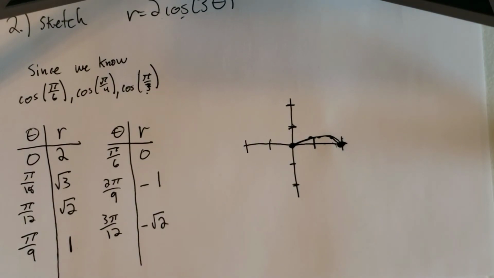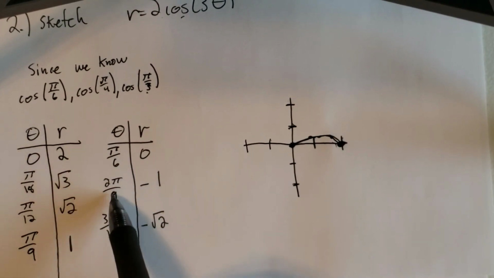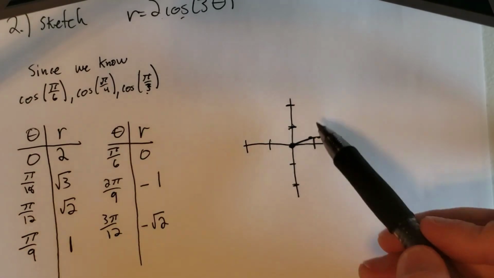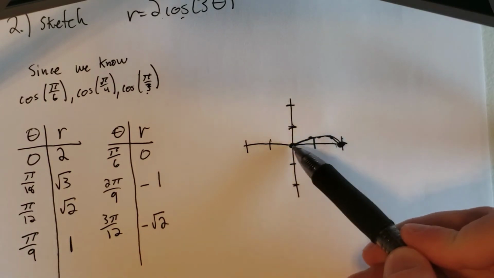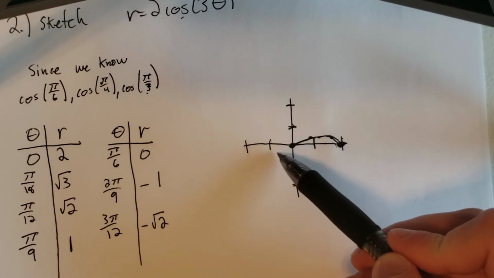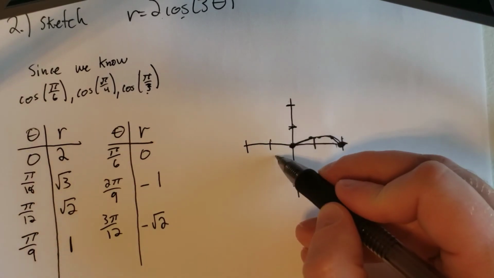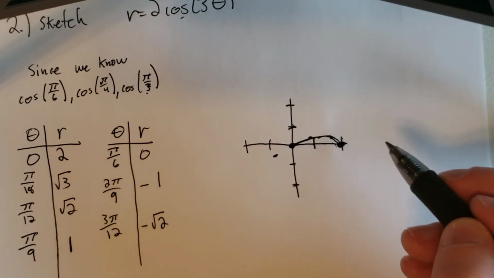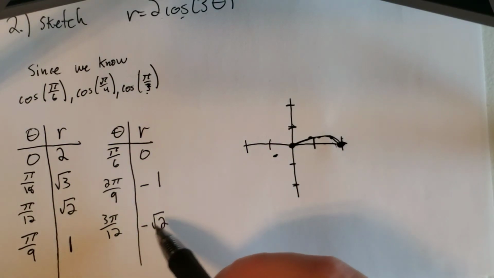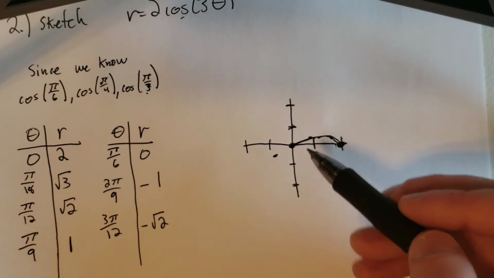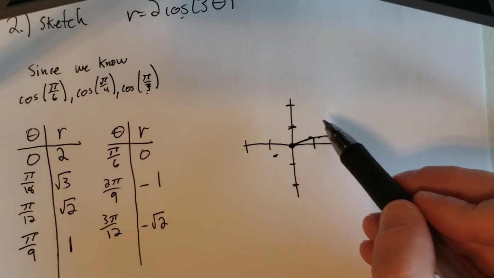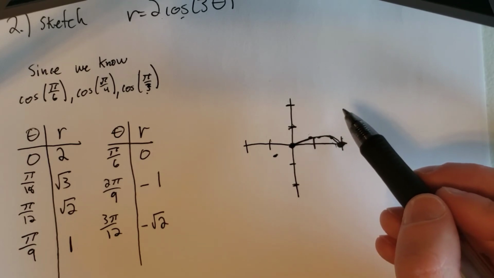If we keep going, next one was 2 pi over 9 for theta, negative 1 for r. 2 pi over 9 is approximately this angle. And then we go negative 1, so about here. And then we have 3 pi over 12 for theta, negative root 2 for r. 3 pi over 12 is the same as pi over 4.